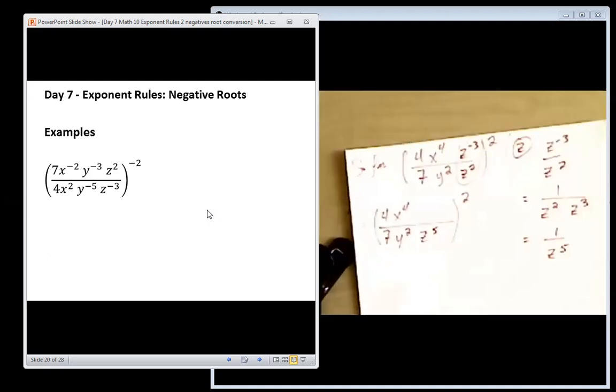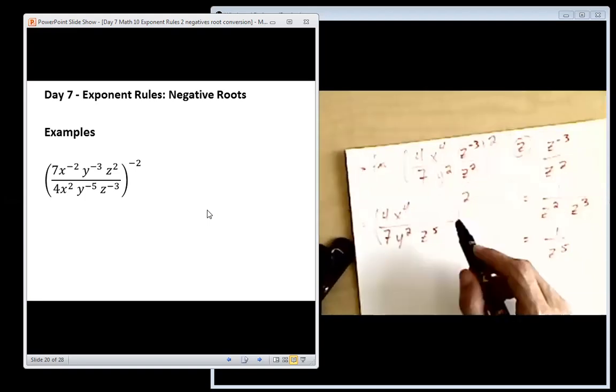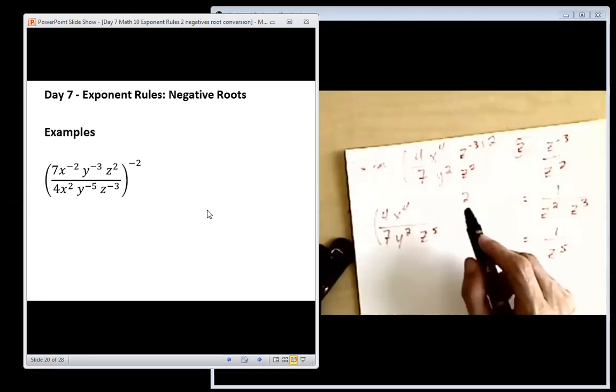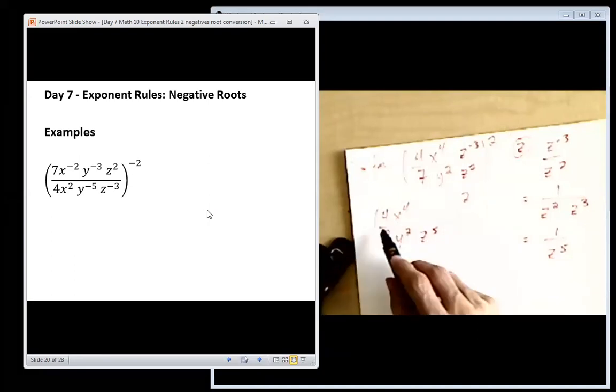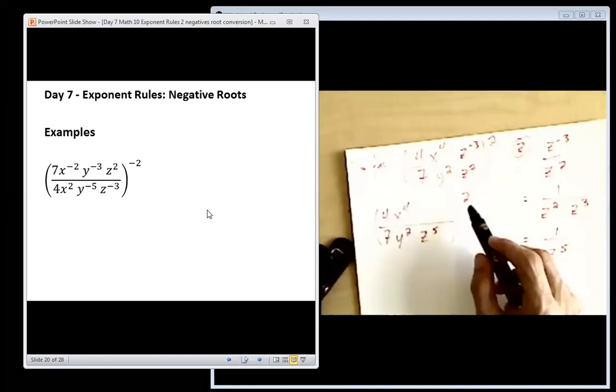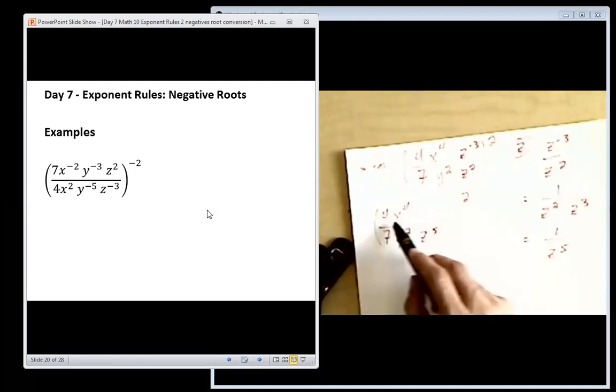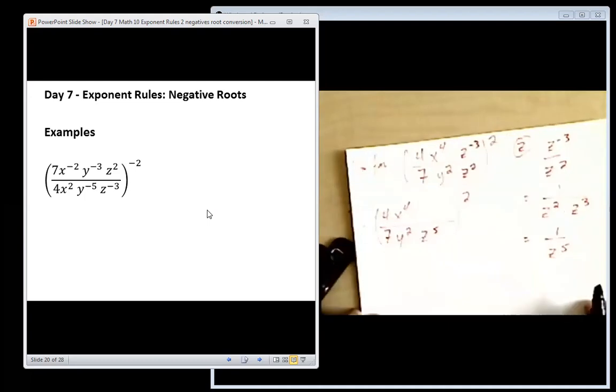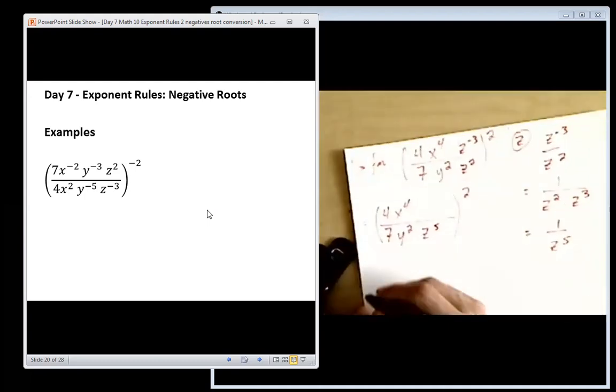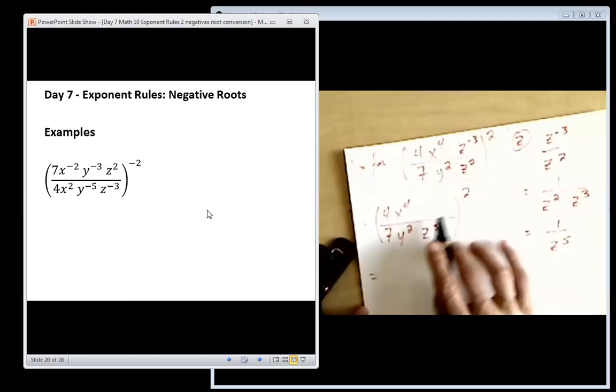Okay, so what happens next? Well, what happens next is the 2 now can go in as exponents for each of these, right? But they're exponents, so you're not going to get 2 times 4.